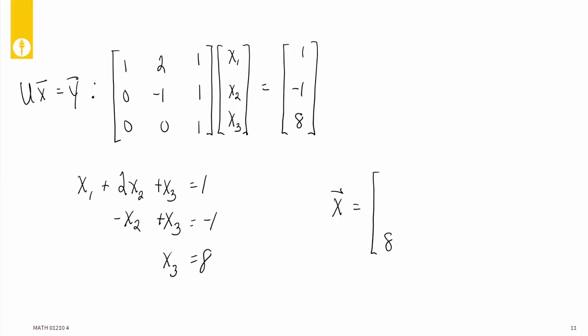We know x3 has to be 8. 8 minus what is negative 1? Nine. So negative 9.